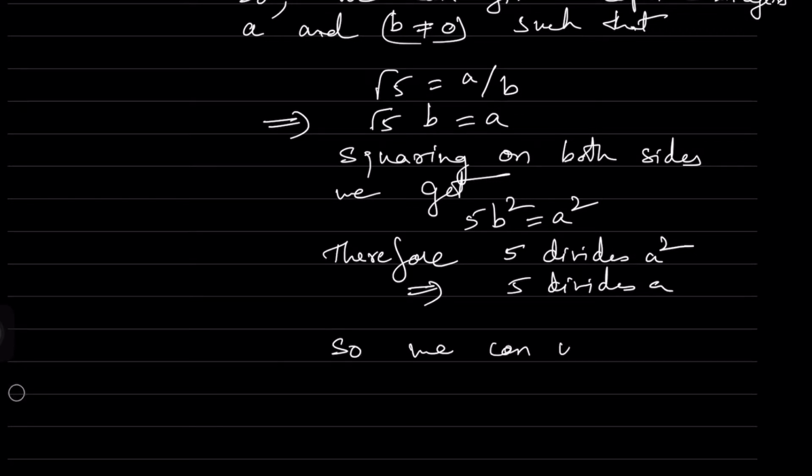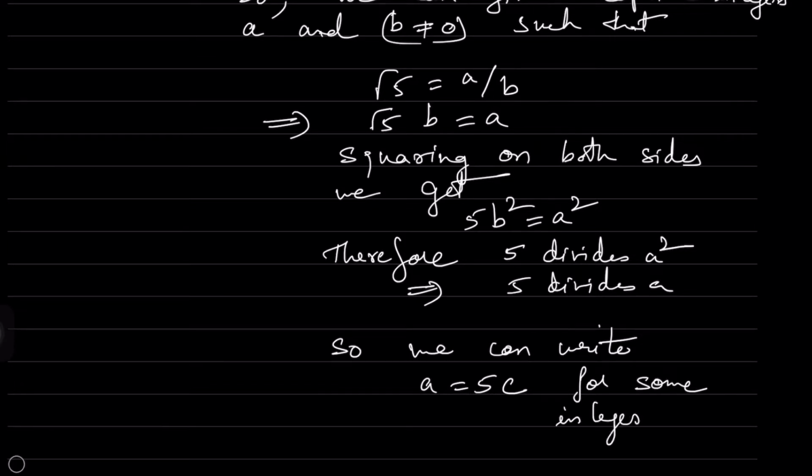So we can write a as a multiple of 5 for some integer c. So we write a is equal to 5c. So now squaring on both sides, in the place of a we'll write it as root 5b.